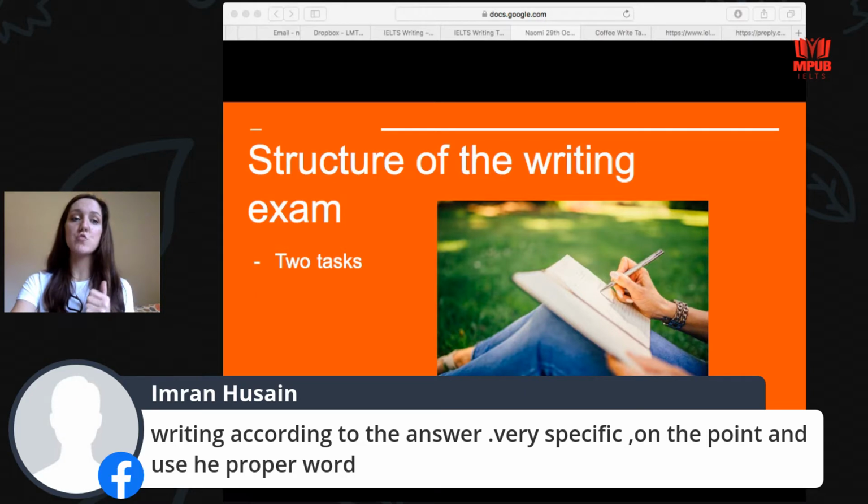Imran is saying you should write according to the answer. You should be very specific, to the point, and use proper words. Exactly, Imran. I think the most important thing you mentioned there is being very specific and to the point. Lots of students will mention things from related topics or background knowledge that they know from this topic, but make sure you're really answering that question.